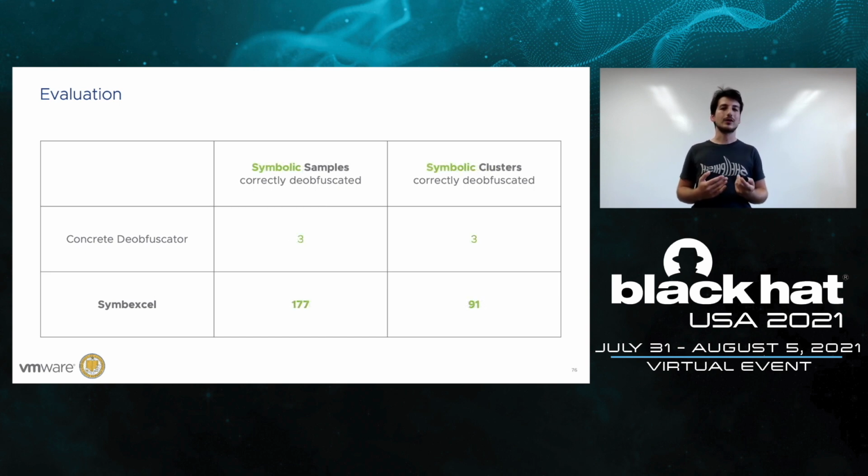However, now if you look at the symbolic samples alone, which are the focus of our research and of our tool, you can see how with the concrete deobfuscator you are able to deobfuscate correctly only very few symbolic samples and symbolic clusters, while with SymbExcel you are able to deobfuscate correctly more than 170 symbolic samples and 91 symbolic clusters of distinct behaviors.